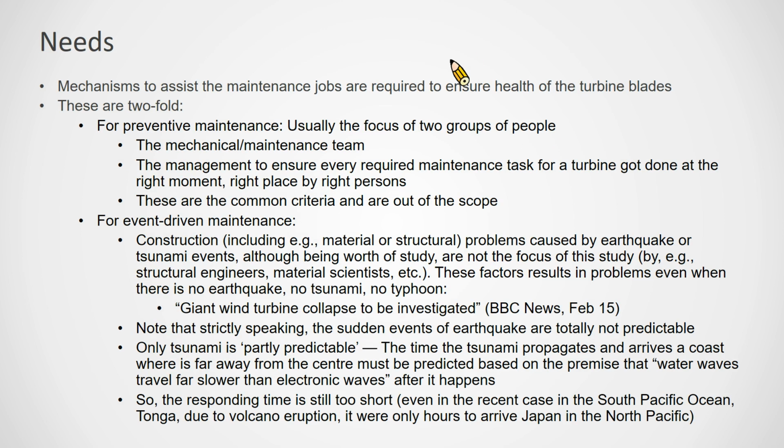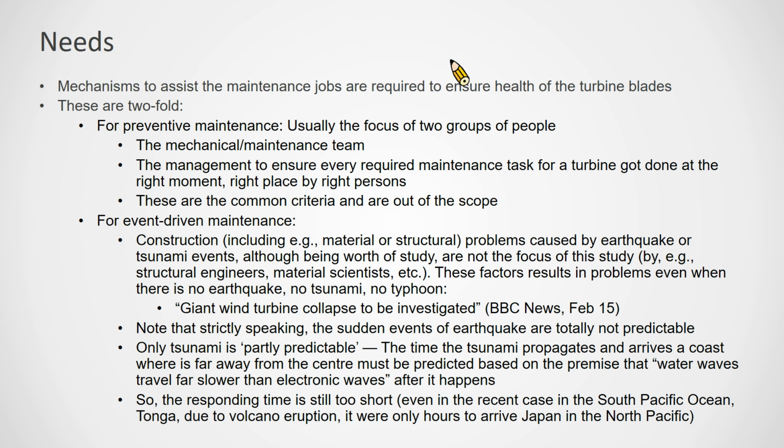And we know that when we are going to ensure the health of the turbine blades, there are preventive maintenance and event-driven maintenance. The preventive maintenance jobs are usually those routine jobs. So these are out of the scope of the study. And for the event-driven maintenance jobs, we must see what type of disaster it is.